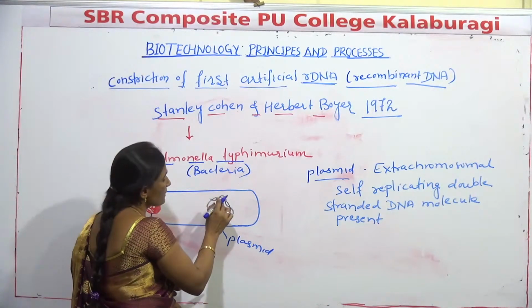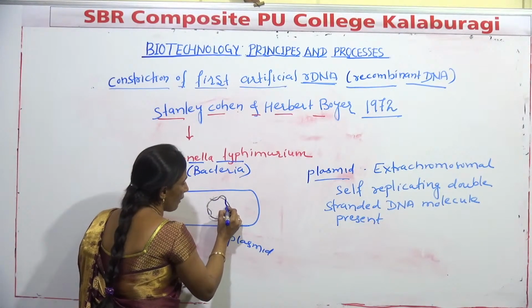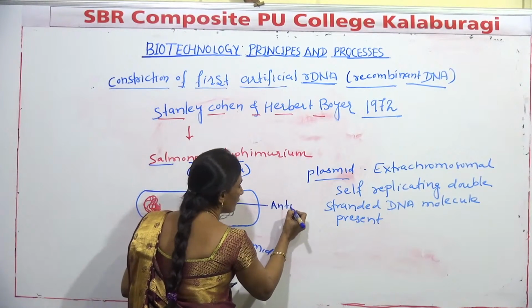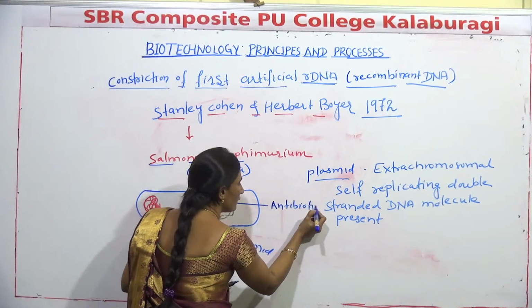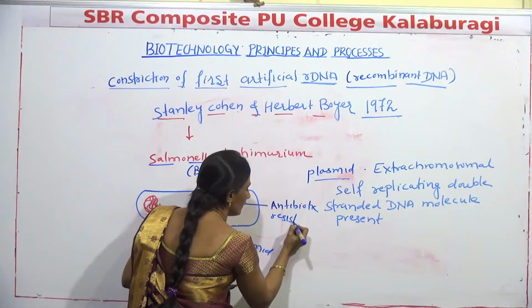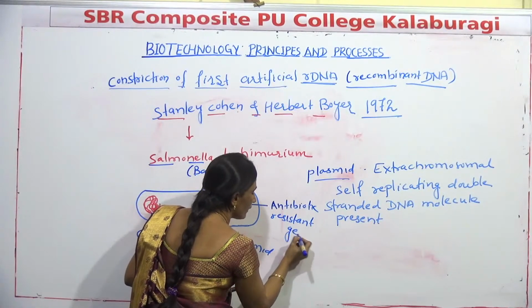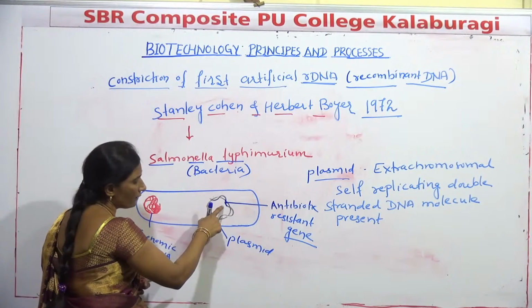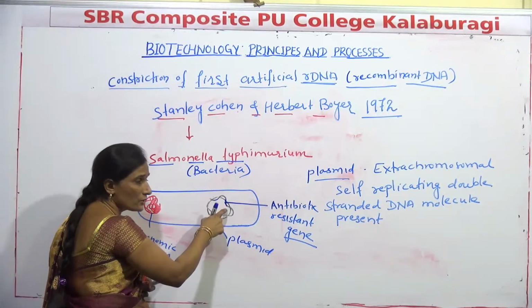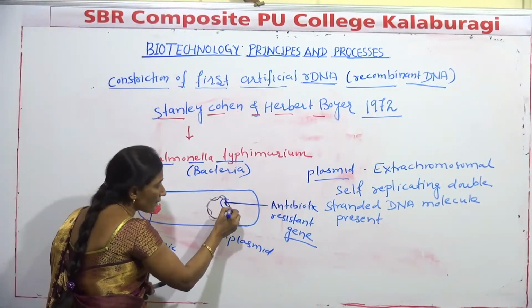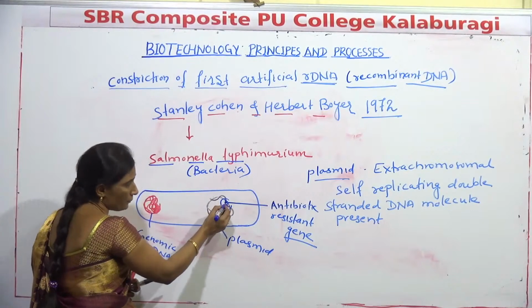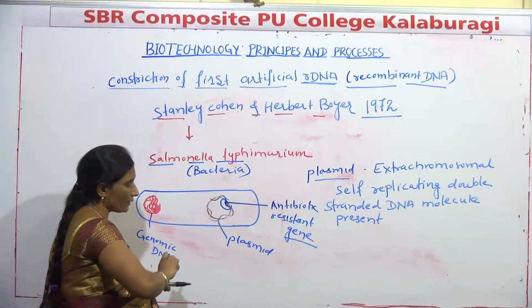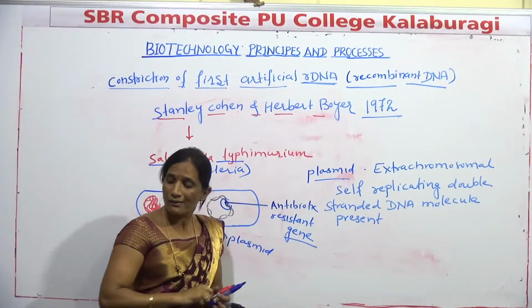This plasmid has the antibiotic resistant gene. So what does this plasmid contain? The antibiotic resistant gene, which is DNA.